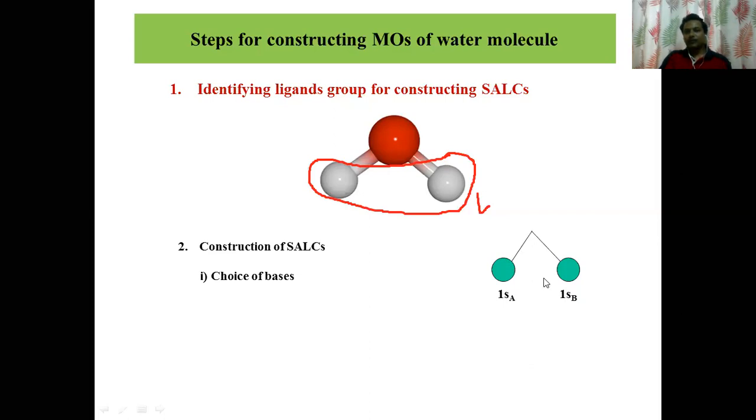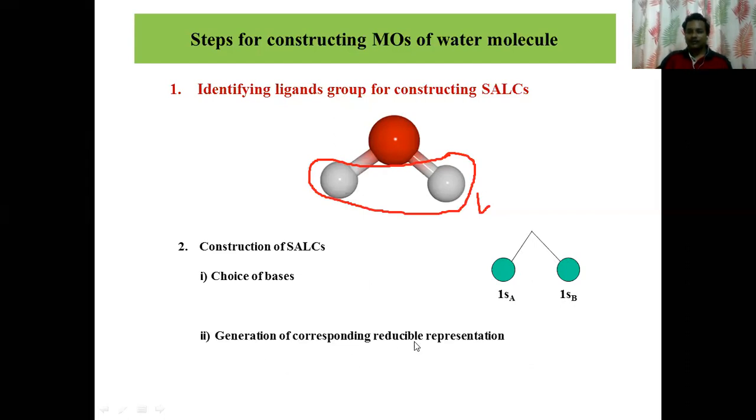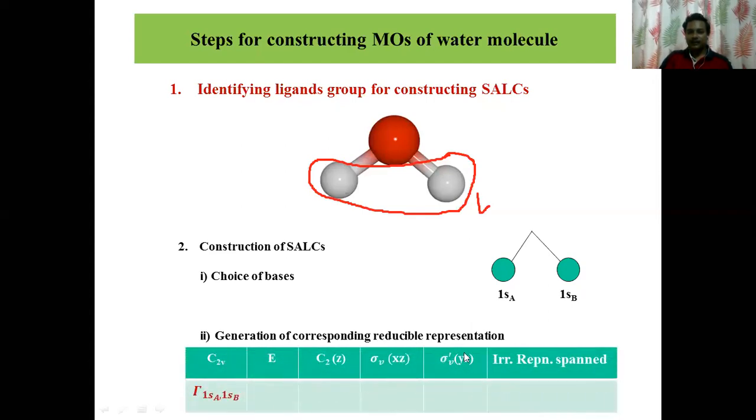Now we have to generate the corresponding reducible representation based on this basis, right? So if we take this basis, 1s-A and 1s-B, what should the reducible representation be? That's what we are going to do here.